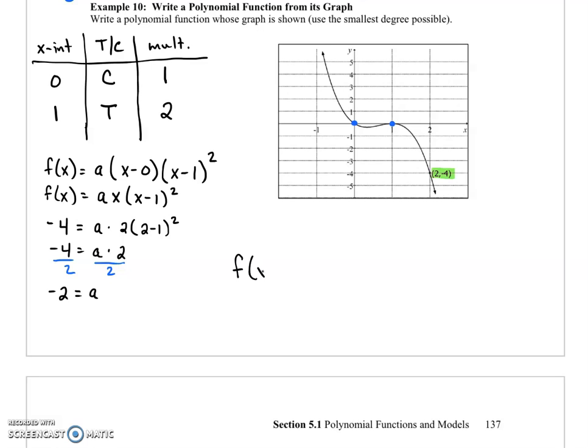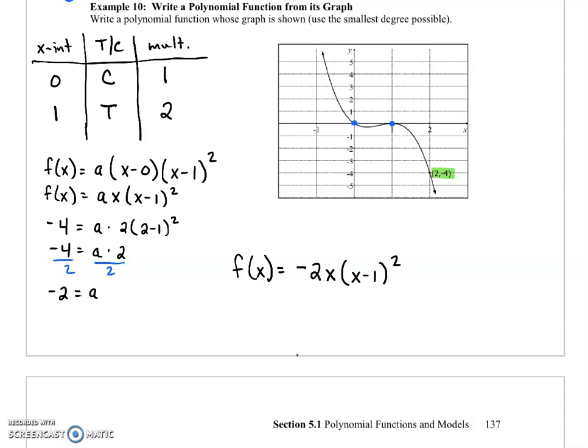So now we just plug that back in for a in our function. So we have -2 times x minus 1 whole thing squared. And that's all there is to getting the equations from the graph.